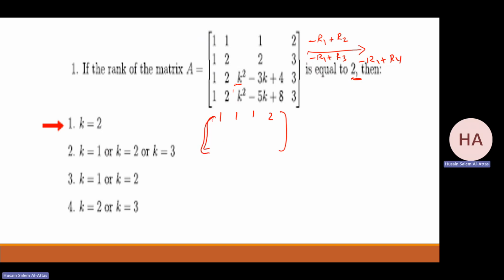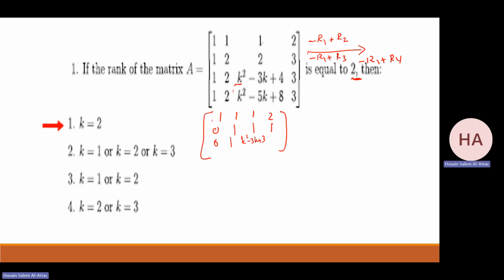No need for 0, because 0, 0, 0 has no meaning. Okay. Minus 1 and add, that will be 0. Minus 1 and add, that will be 1. Minus 1 and add, that will be 1. Minus 1 and add, that will be 1. Now, I have 0, 1. Now, minus 1 and add, that gives me k squared minus 3k plus 3.